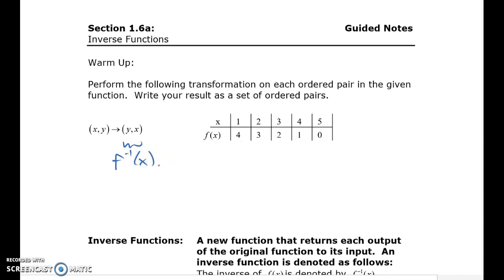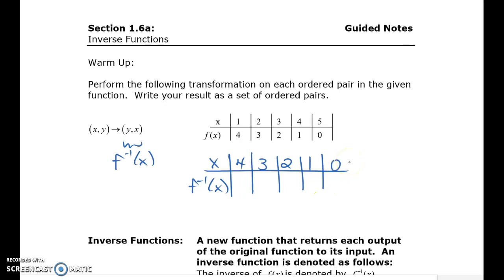In terms of the xy table that we see, we've got 1, 2, 3, 4, and 5, and then 4, 3, 2, 1, 0. So if we were to quite literally just flip the x and the y coordinate so that it's y comma x, we'll write this as x, but now f inverse of x: 4, 3, 2, 1, 0, and then 1, 2, 3, 4, and 5.